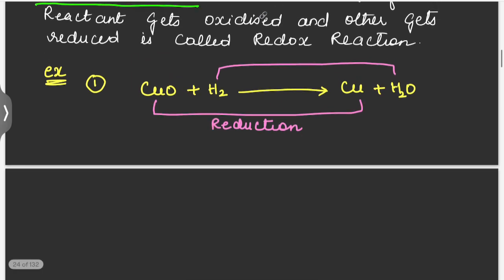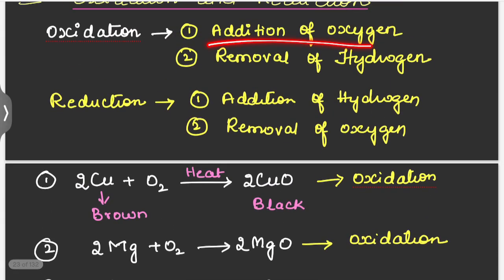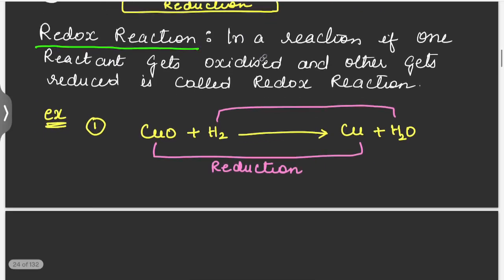Next we will compare H2, hydrogen, with water. Here we have hydrogen and here you have water. What has happened here? To the hydrogen, oxygen is added. That is why it has formed water. So there is addition of oxygen. Addition of oxygen is called oxidation.